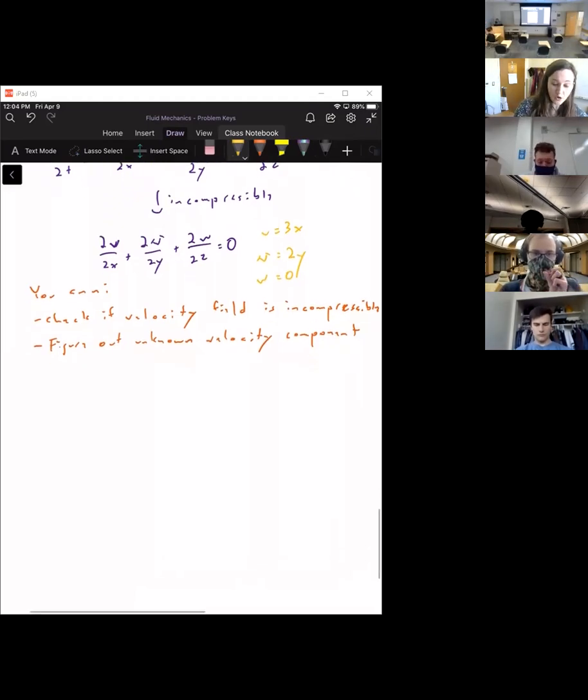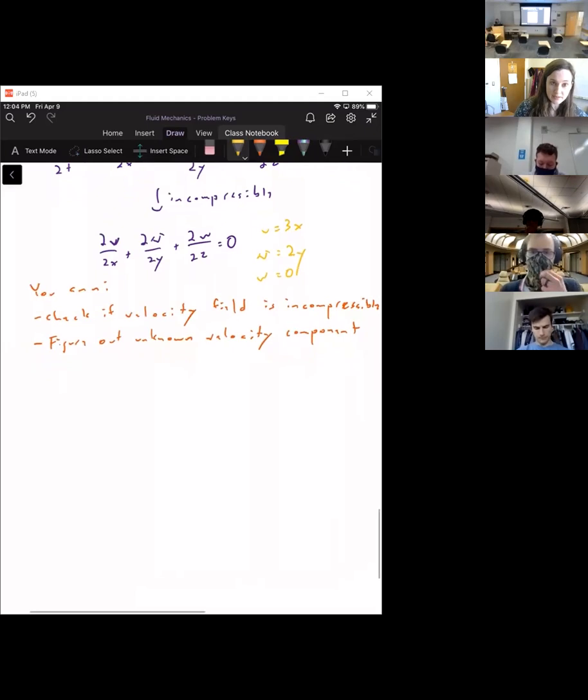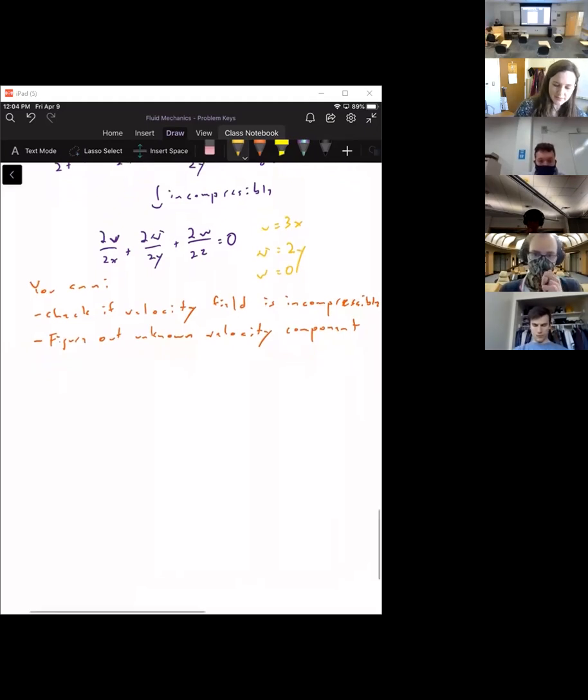Or figure out what an unknown velocity component was. So for example, assuming it is incompressible, if I said u is equal to 3x, what's v?